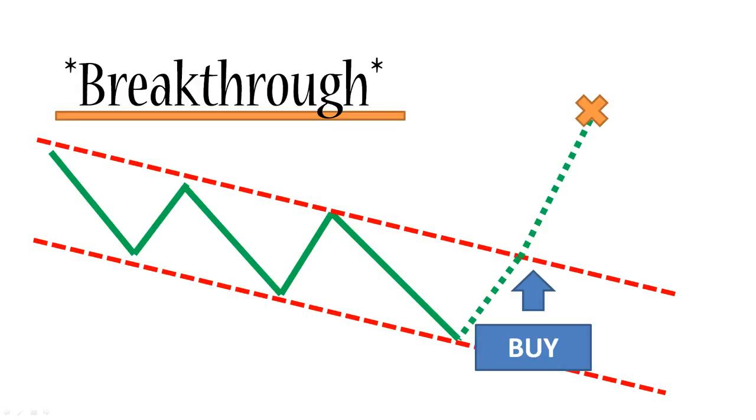So when the channel is quite new, there's more chance that the price will stay inside. When the channel has been around for a while, the chances of the price breaking out are constantly growing. Both strategies are valid. It depends on the situation and what your other technical analysis tells you.